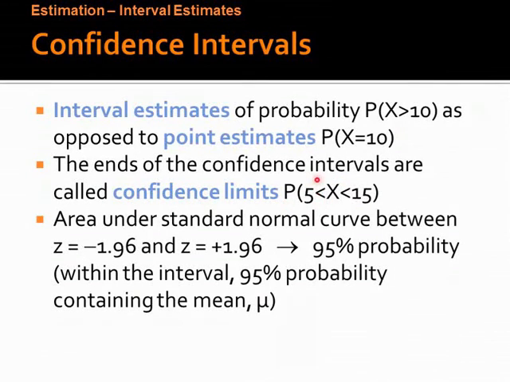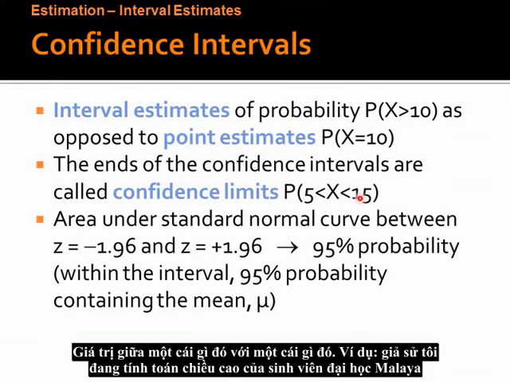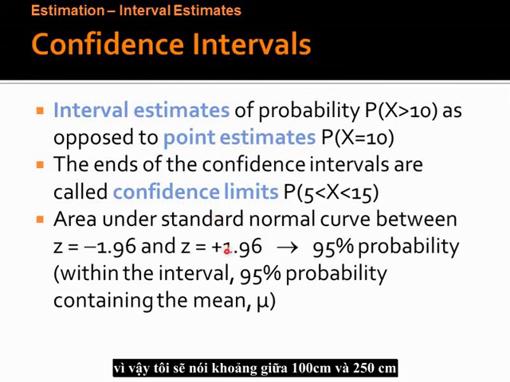Now, the confidence interval is actually just this range from one number to another, the value between something to something. For example, let's say I'm calculating the heights of students in University of Malaya. So these are heights in centimeters, and two of these values, let's say 100 and 150, so I would say the interval between 100 cm to 150 cm, that's a particular interval.